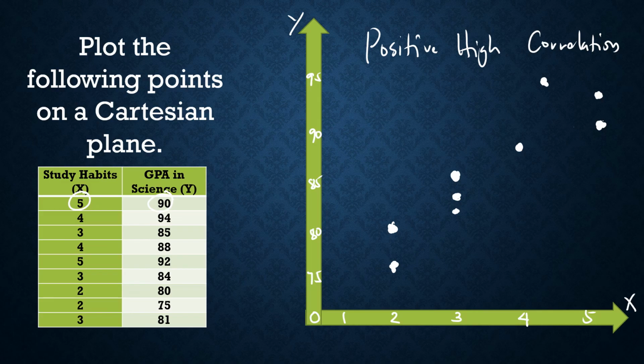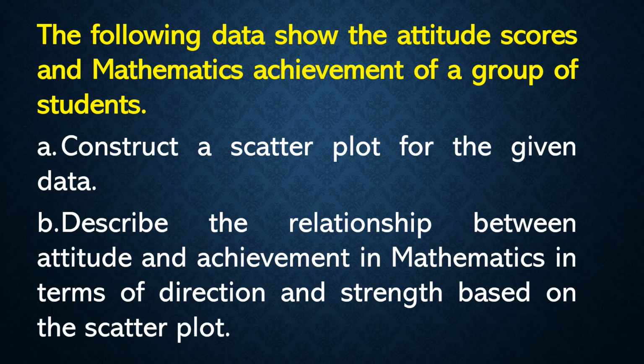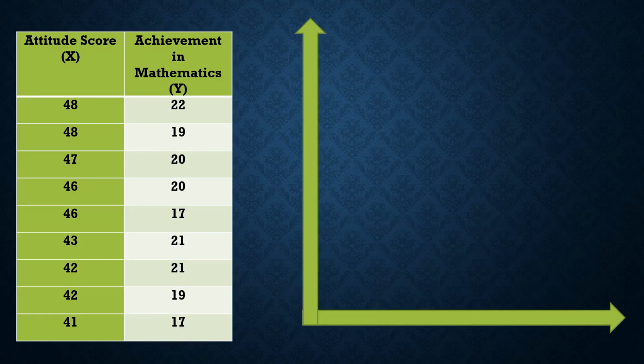Let's try another example. The following data show the attitude scores and mathematics achievement of a group of students. This is the data: attitude score and achievement in mathematics. For X, we have from 41 to 48.